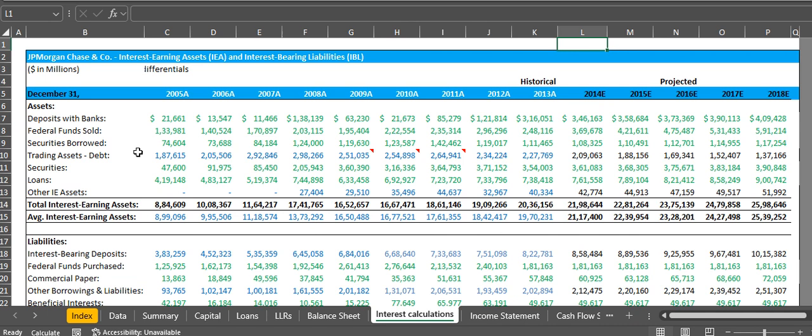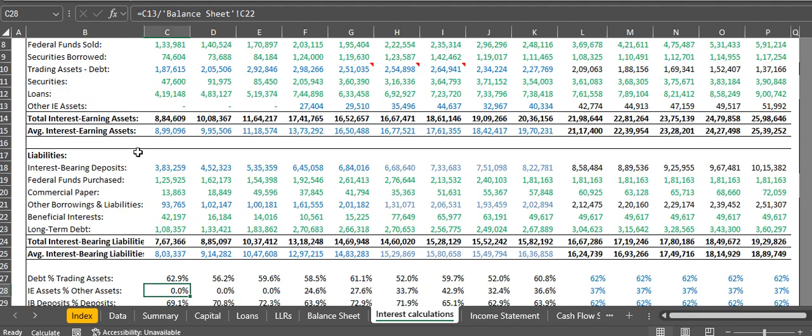Then these are the numbers for the interest calculations, like the interest rate for different parameters of different loans and assets: deposits with banks, federal funds sold, securities borrowed, trading assets, securities, loans, and other IA. So these are the total interest earning assets.